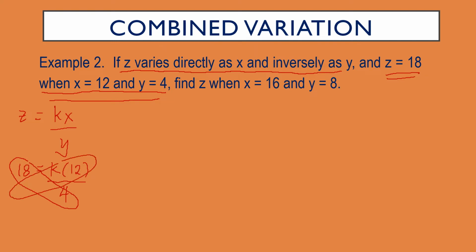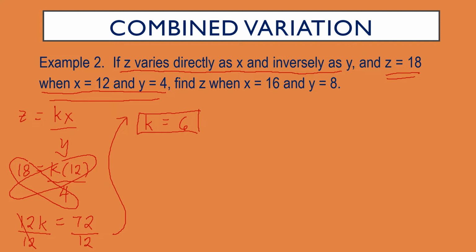So we're going to have 12k is equal to 18 times 4, we have 72. Solving for k, divide both sides by 12. Therefore, k is equal to 72 divided by 12, we have 6.